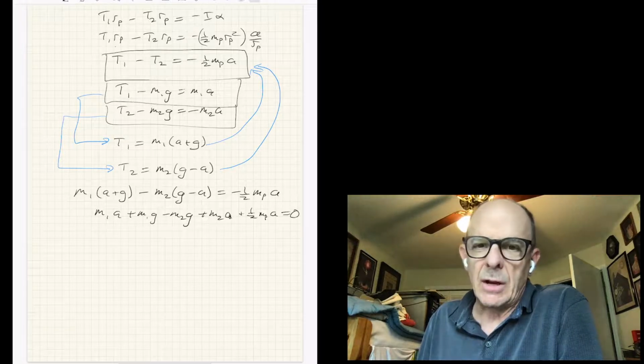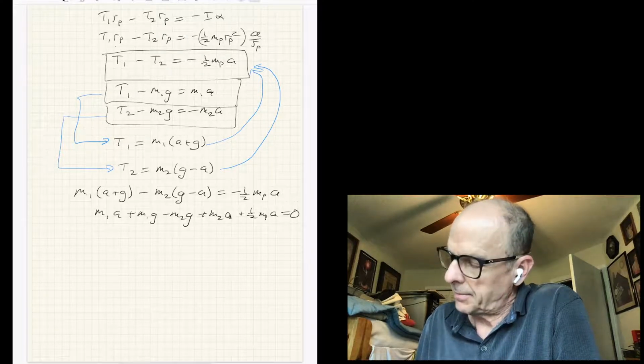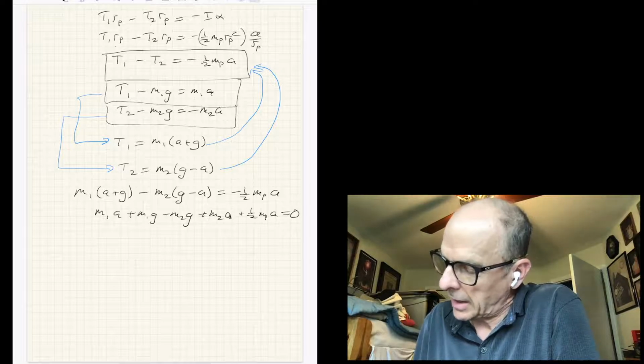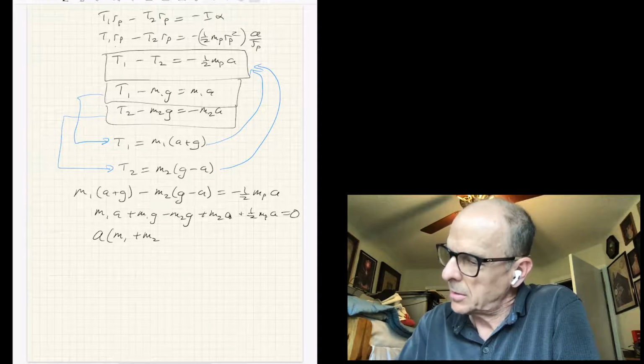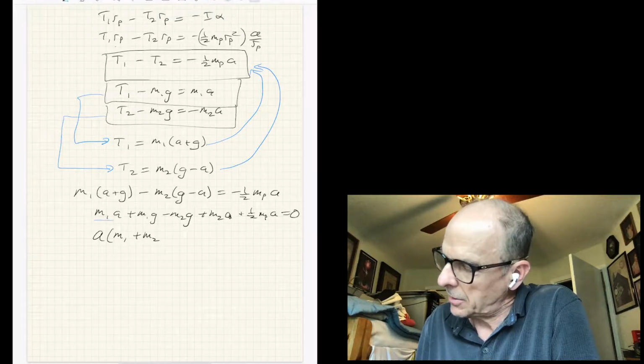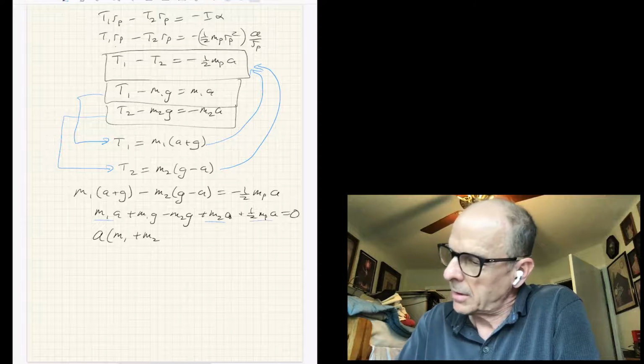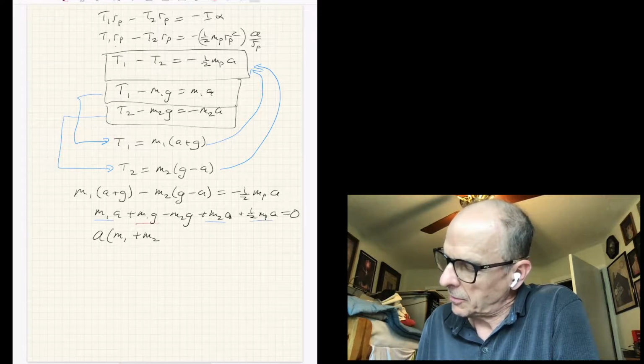I'm going to put the G terms on the other side and collect my A's. I have on the left A times M1 plus M2. Just highlight these. Here are my A terms, and here are my G terms.